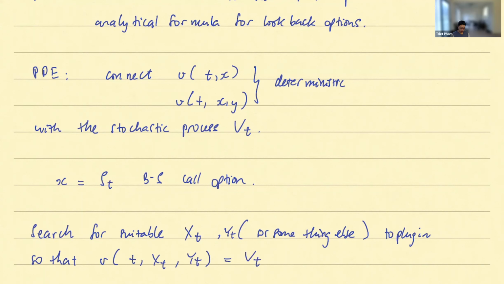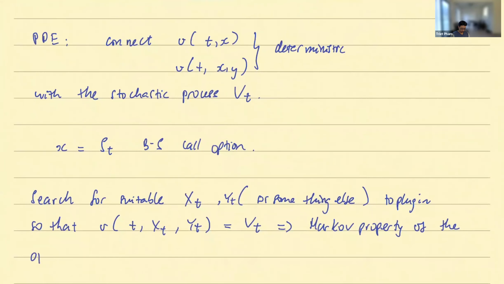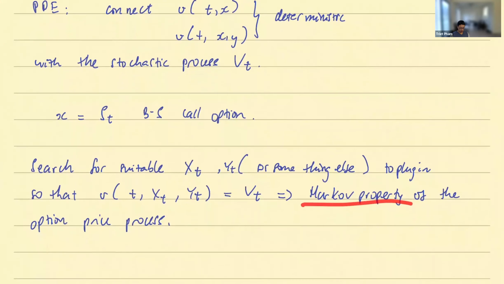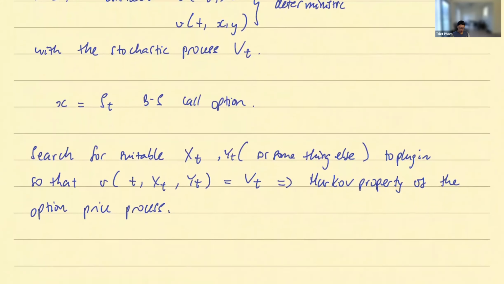This exactly is the Markov property of the option itself. Now, this is actually a little bit more subtle than how it seems like, in terms of the presentation right here.